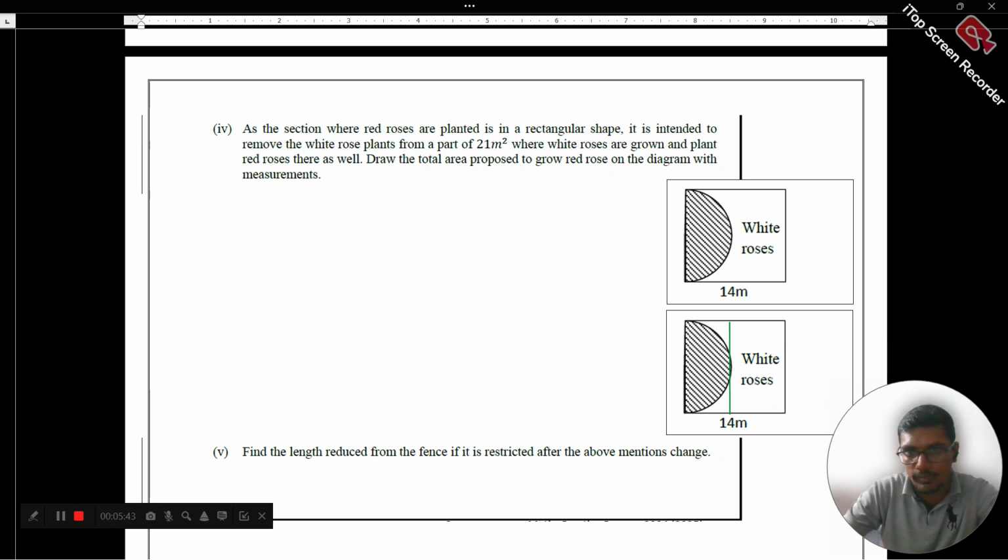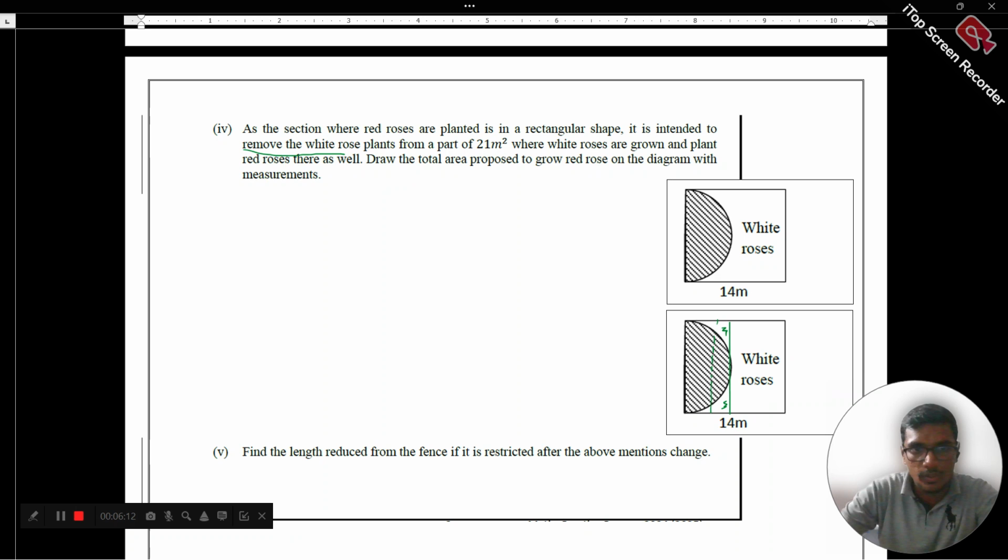Why can't it be drawn inside, like this? Because they are removing only white rose plants. If we do that, we should remove these red rose plants also. So the minimum possibility is drawing a line like this. These parts will be removed and red rose will be planted.